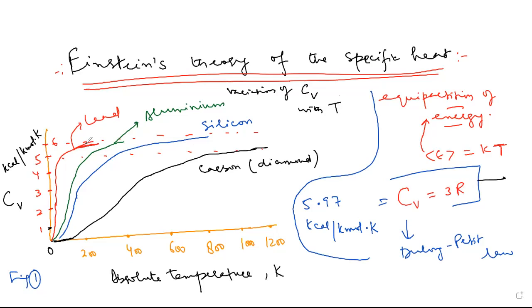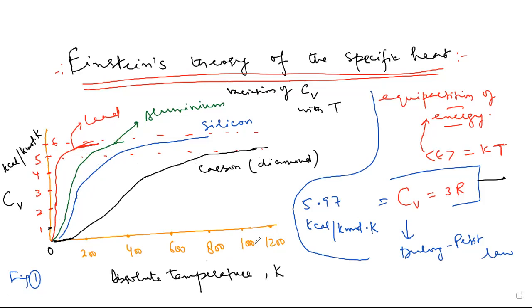At high temperatures, these three curves, red one, green one, and blue one, approach this number 5.97 kilocalorie per kilomole Kelvin, but carbon saturates at another value. At low temperatures, there's a variation in each curve, showing the variation of heat capacity with temperature.